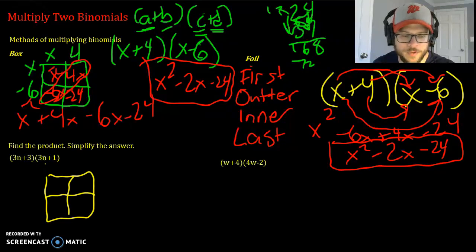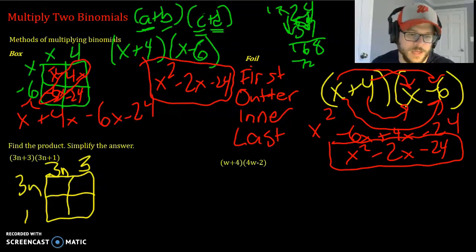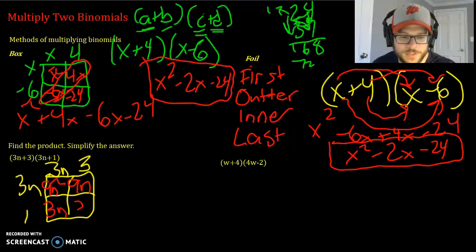So we're going to put our 3n and our 3 up top, and then our 3n and our 1 over here to the left. So 3n times 3n. Following our exponent rules, you multiply the 3's together to get 9. You multiply the n's together to get n squared. 3n times 3 is 9n. 3n times 1 is 3n, and 3 times 1 is 3.